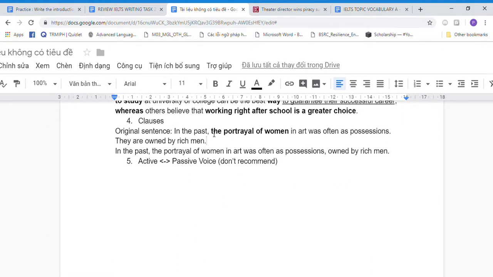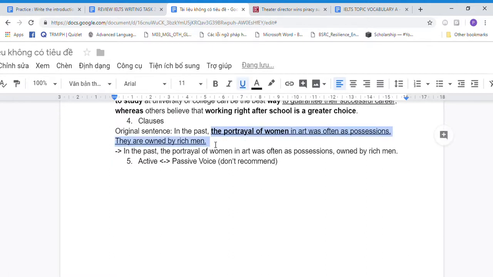So you can combine the sentence, like the two clauses, the first clause and the second clause. We combine these two parts to become a sentence. Normally this sentence is weird and they want to shorten the sentence. It's not really shortening the sentence, it's like combining the two sentences.